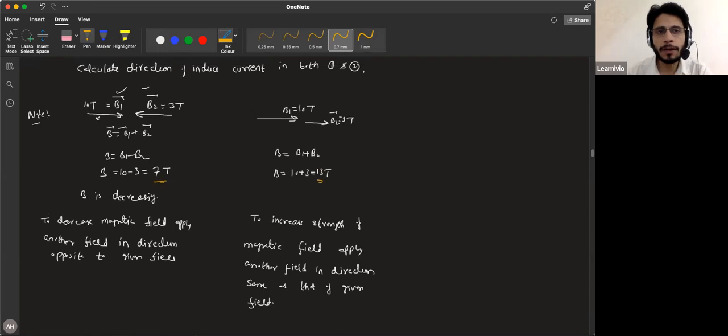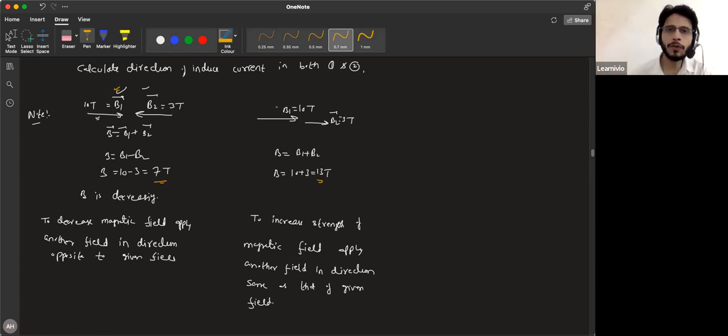So if you have a magnetic field B1, and I ask you to decrease the strength of the magnetic field by applying another magnetic field, then we'll apply that magnetic field in the opposite direction.